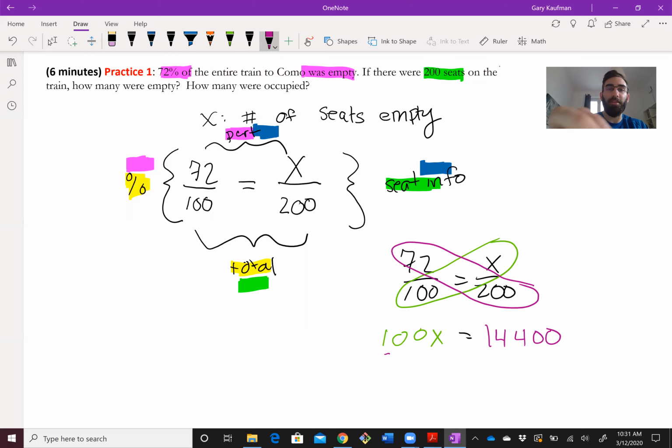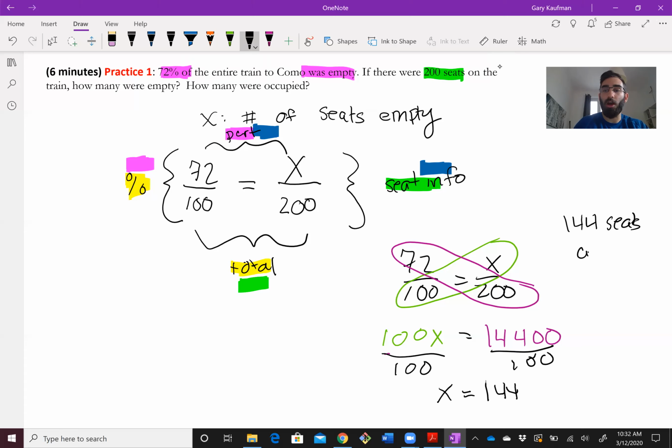I'm then going to divide by 100 to isolate the variable, and I get x equals 144. So therefore, 144 seats are empty on the train.